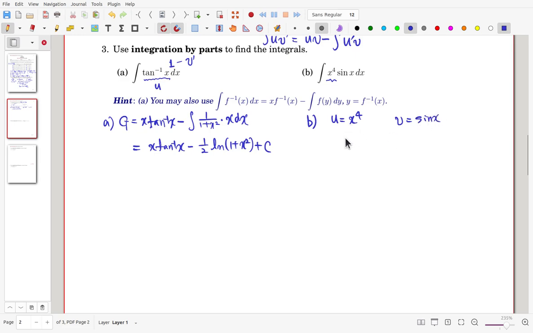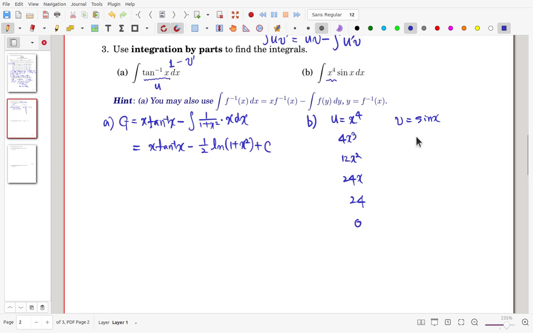For this column, we are putting derivatives, and for this column, we are putting antiderivatives. For that one, 4x cubed, 12x squared, 24x, and 24, and eventually it will be 0.